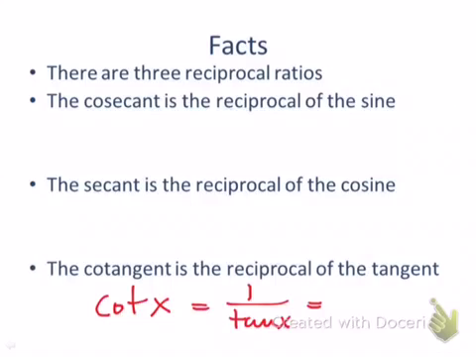And since the tangent is the opposite over the adjacent, the cotangent is the adjacent side divided by the opposite side. All right? What are adjacent and opposite? We're going to talk about that next.